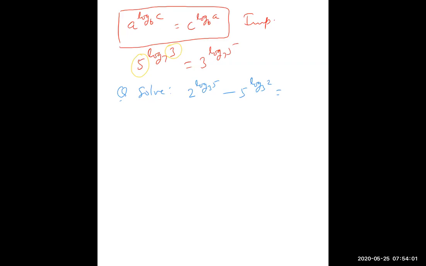So in this immediately what we can do, you must observe this 2 and 5 are interchangeable. Yes, correct. Very good. This 2 and 5 are interchangeable. That means I can write 5 raised to power log 3 2 minus this is also 5 raised to power log 3 2. This will be equal to 0.